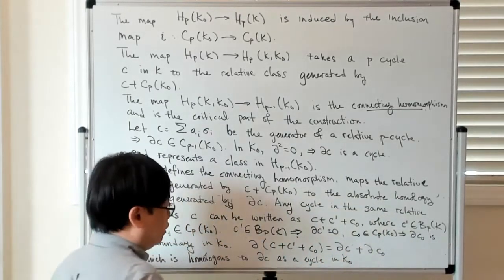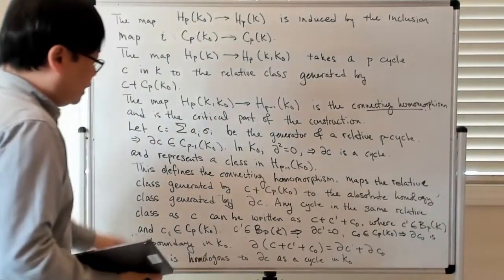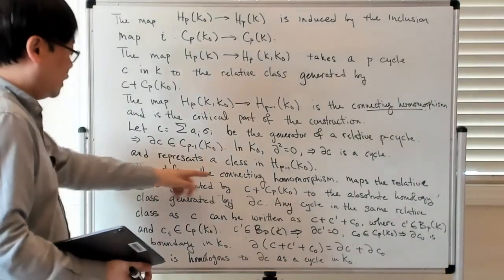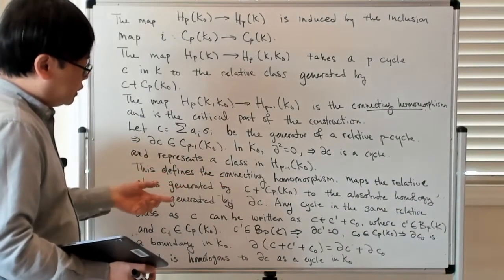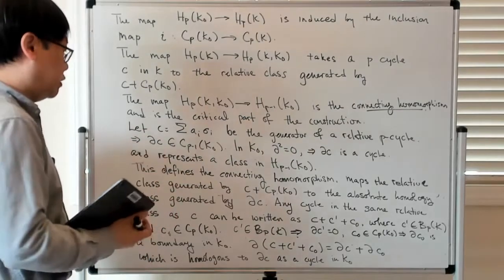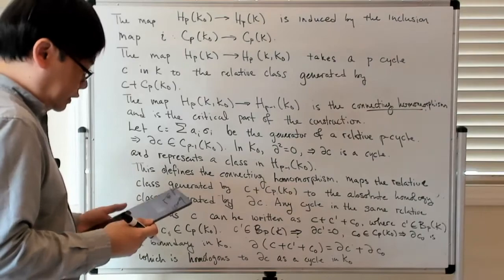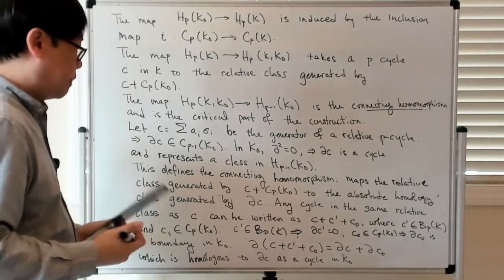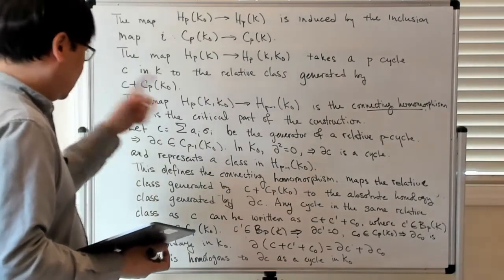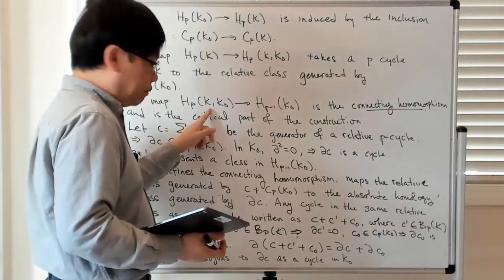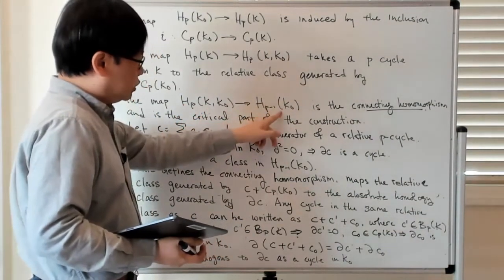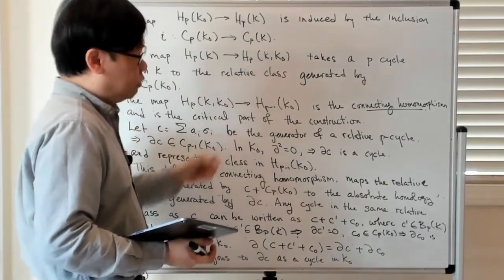So anyway, that basically is a proof that this connecting homomorphism, which is induced by the boundary map, is actually well defined, from relative homology to absolute homology of one dimension lower.